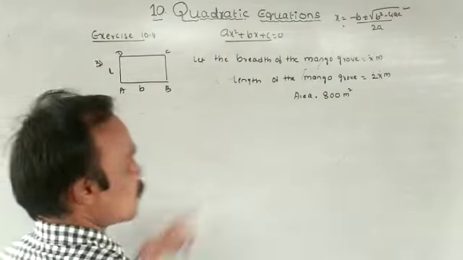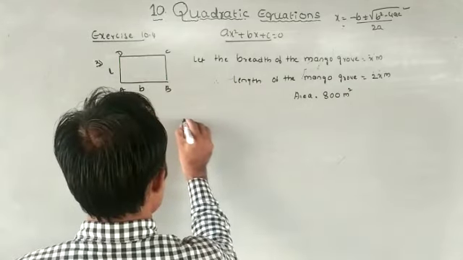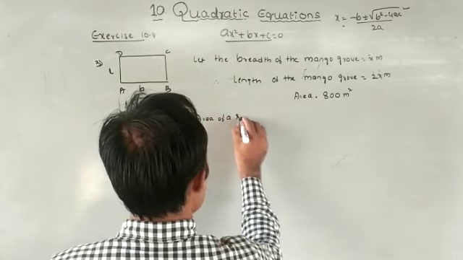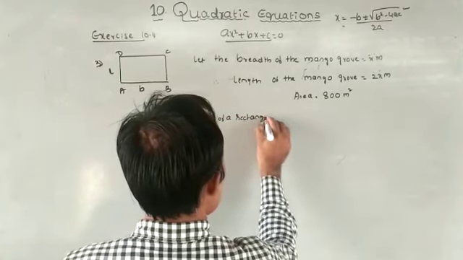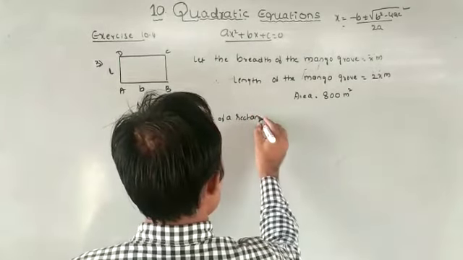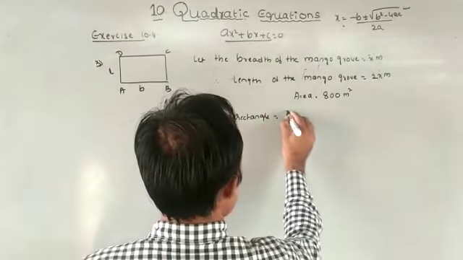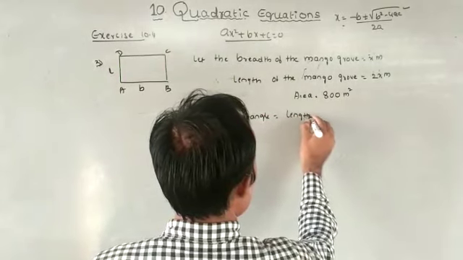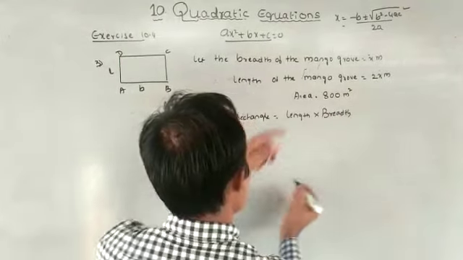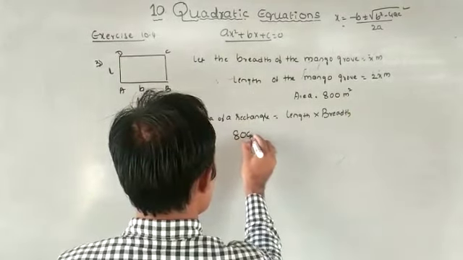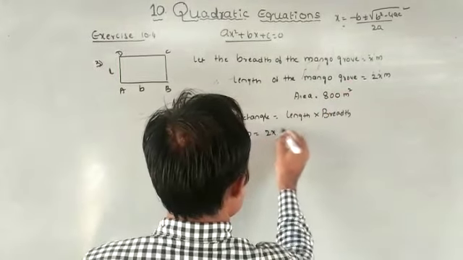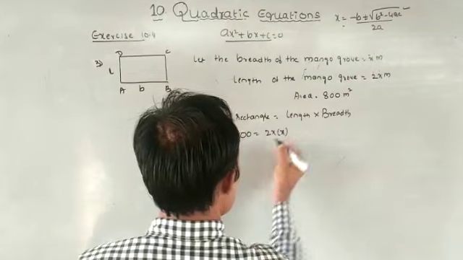That's very simple. What is the formula to find the area of a rectangle? Let's write down. Area of a rectangle is equal to length into breadth. That's area, they gave 800. Length is 2x, breadth is x.